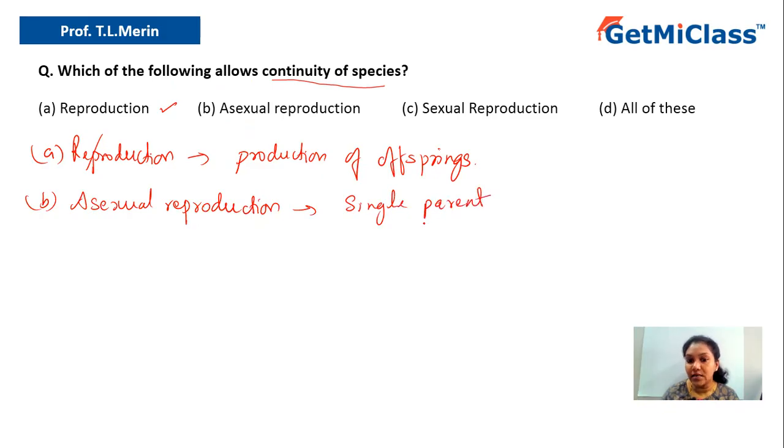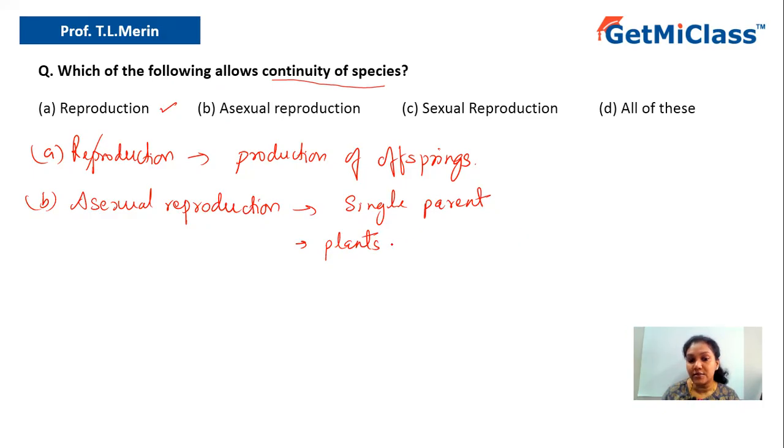Even though a single parent is involved, they can still reproduce, and of course there will be generation after generation. So you can produce generations of offsprings from a single parent, especially in case of plants. There are other organisms as well, but here we are just taking an example.